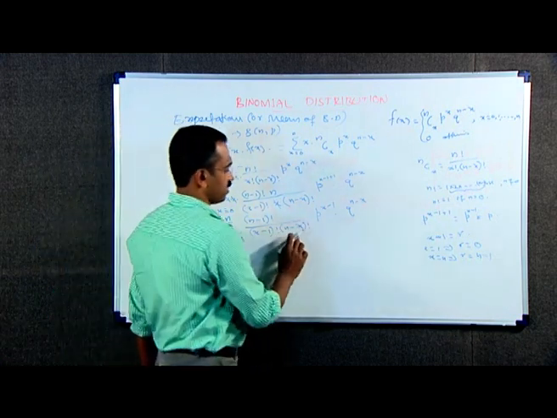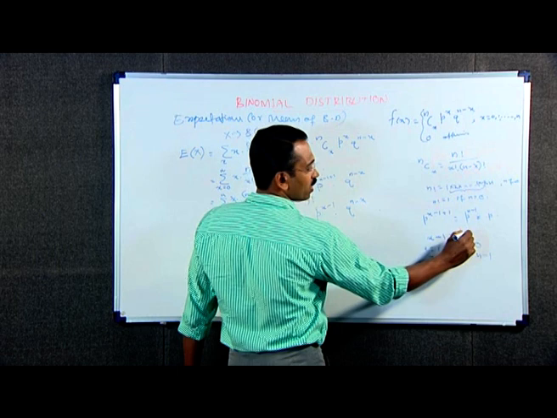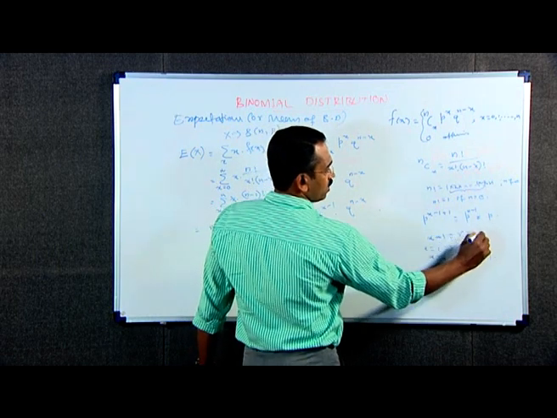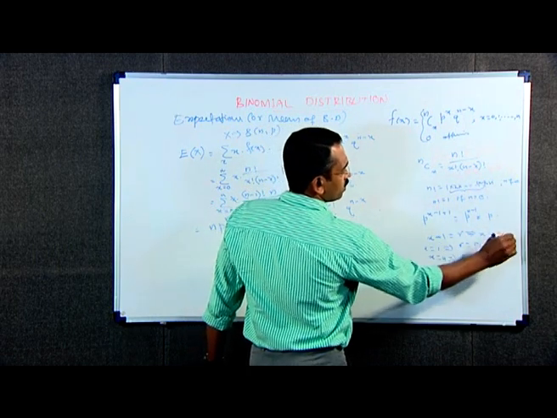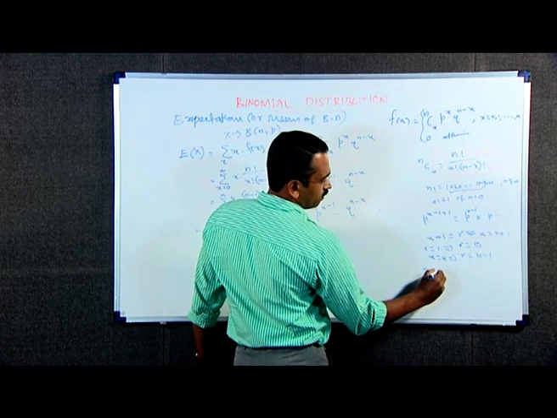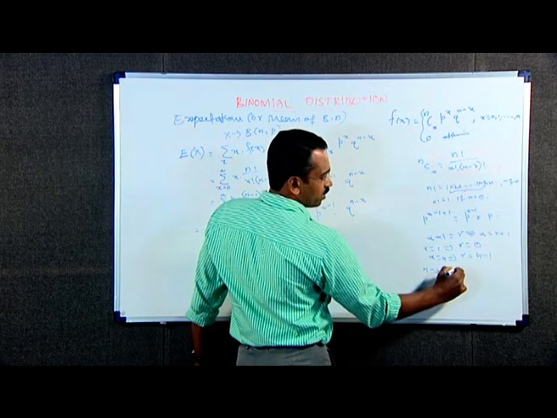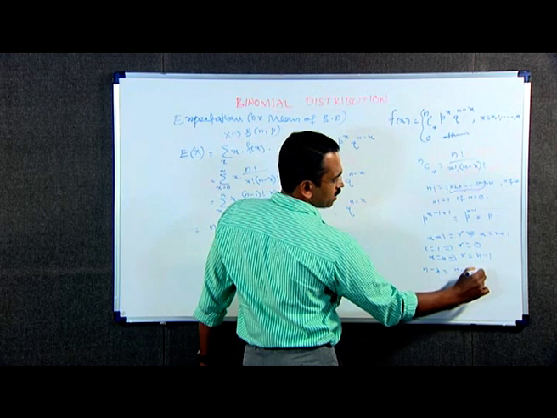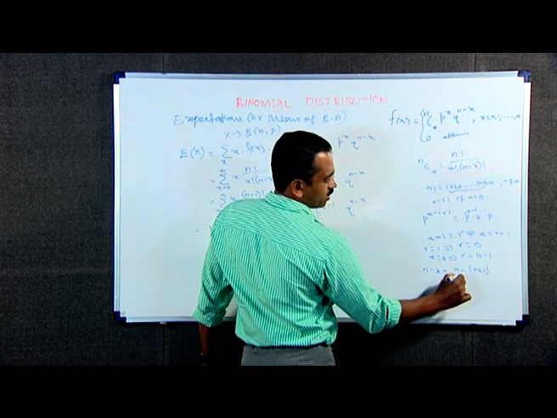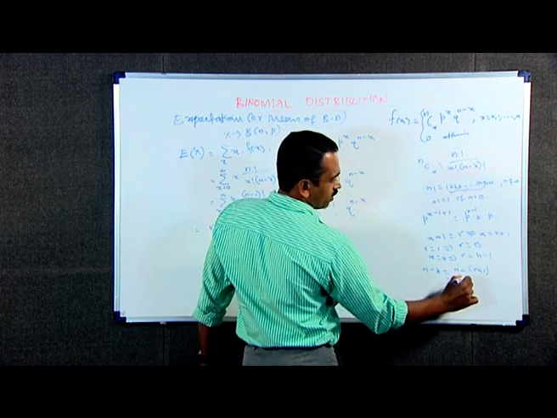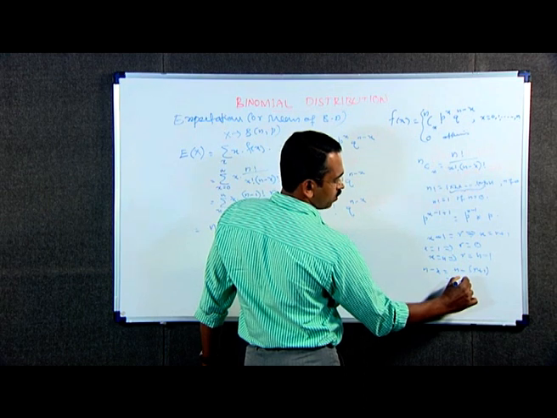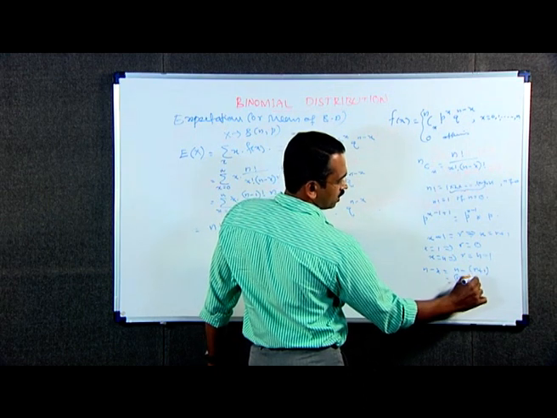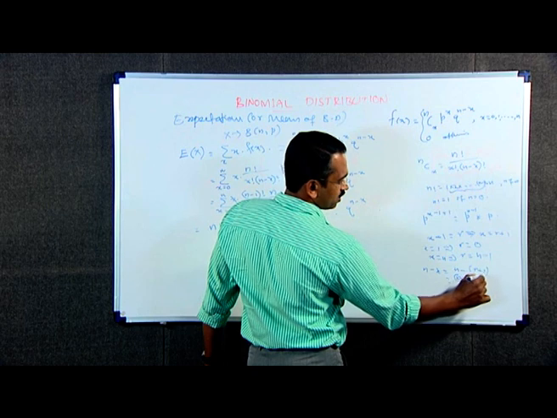Here x minus 1 equal to r gives x equal to r plus 1. Therefore, n minus x is equal to n minus r minus 1, that is n minus 1 minus r.